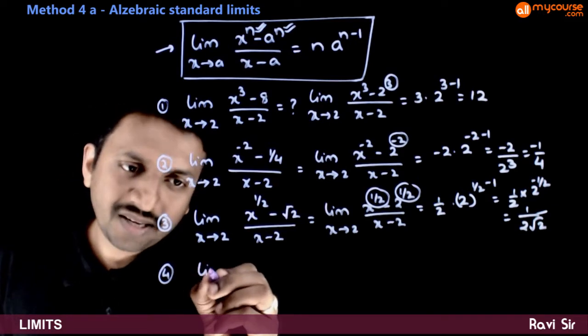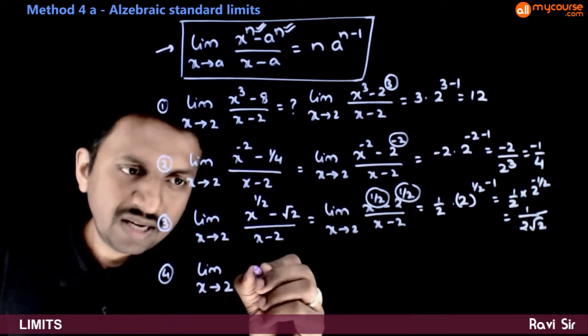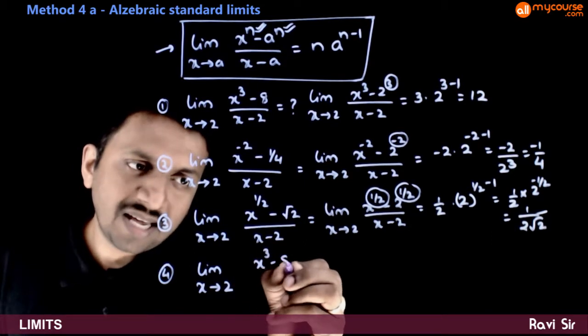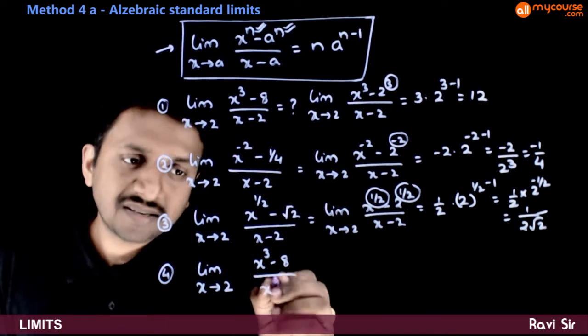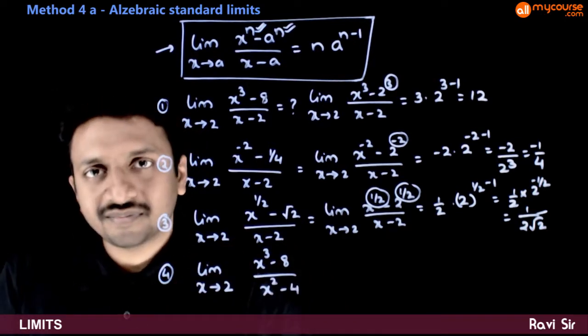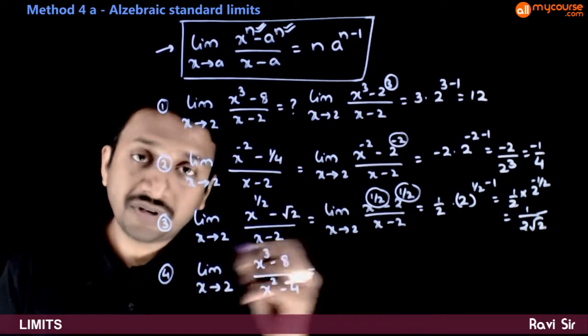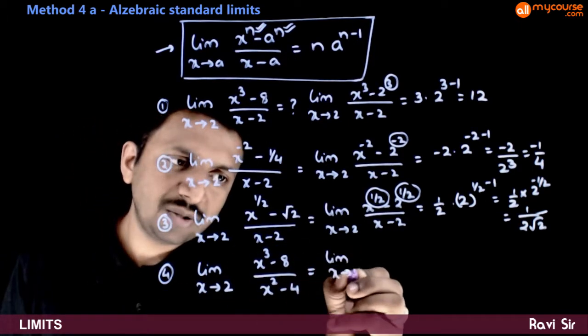Limit x tends to 2, (x cube minus 8) by (x square minus 4). If you try to simplify this, it is limit x tends to 2.